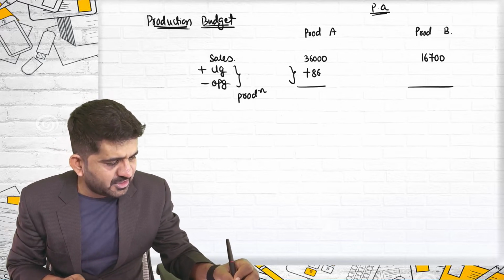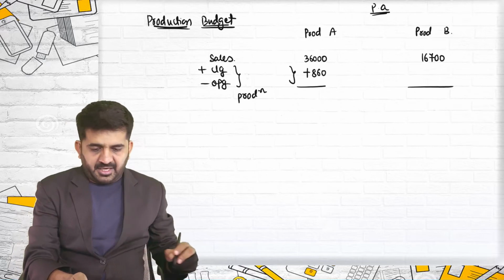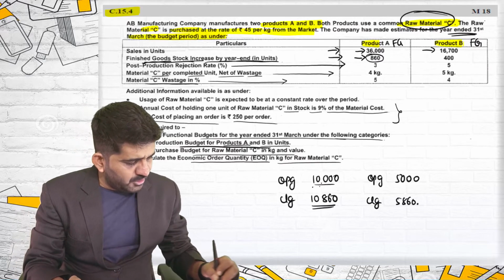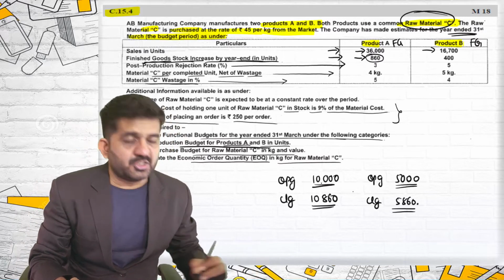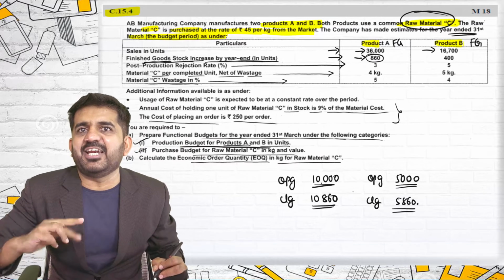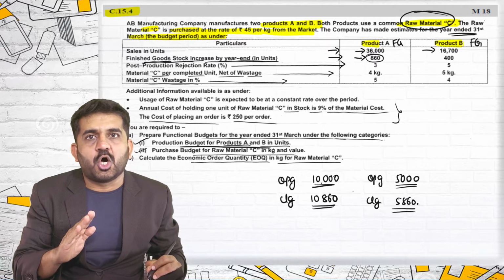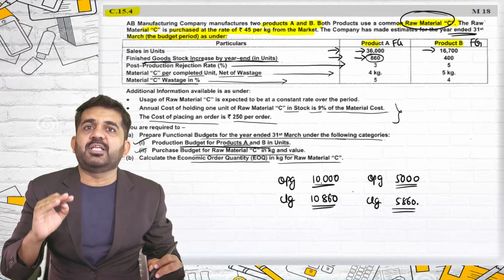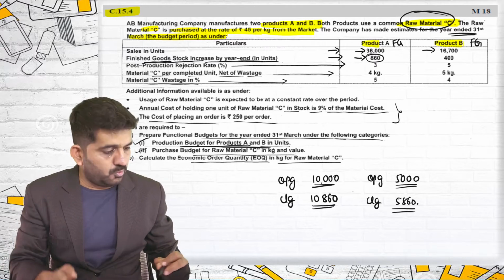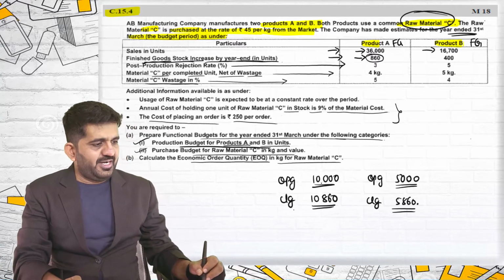I can write down 860 over here. See, here also closing minus opening will be 860. So it is given in intelligent manner. Rather than giving opening and closing stock, what they have done, they have told that this much higher is your closing stock. So 860 higher. So I have added 860.